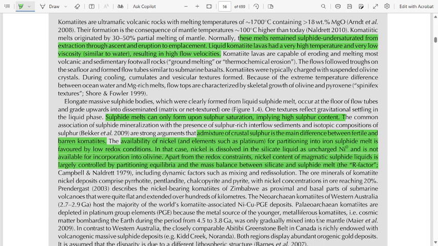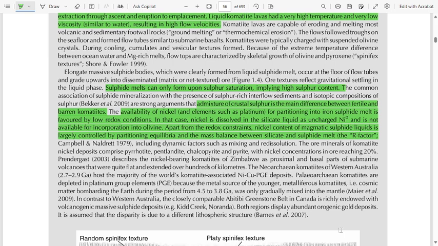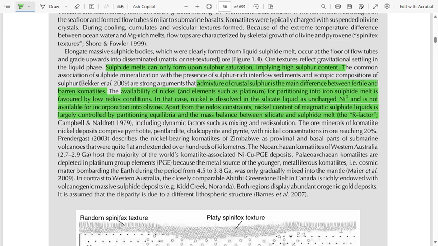The Neoarchean komatiites of Western Australia, 2.7 to 2.9 Ga, host the majority of the world's komatiite-associated nickel copper PGE deposits. Paleoarchean komatiites are depleted in platinum group elements because the metal source of the younger metalliferous komatiites, that is, cosmic matter bombarding the earth during the period of 4.5 to 3.8 Ga, was only gradually mixed into the mantle.